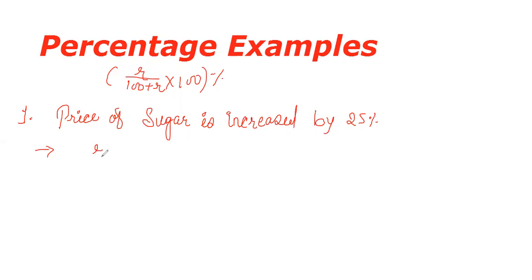So the required percentage will be R upon 100 plus R into 100, which is equal to, the price increased by 25%, so 25 divided by 100 plus 25 into 100.